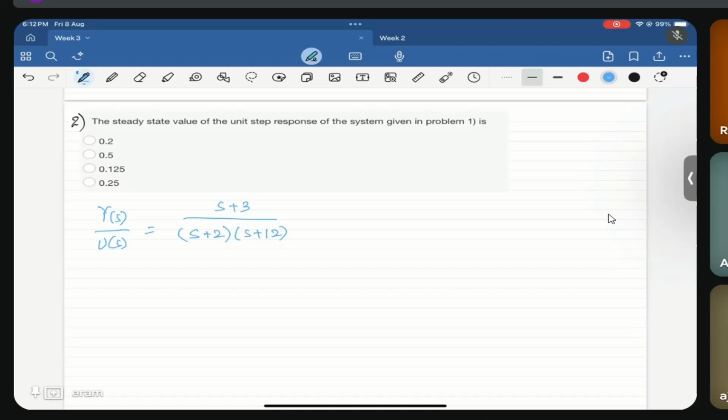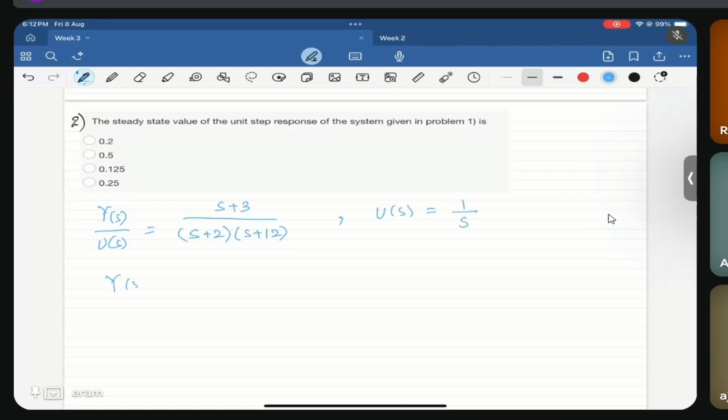So this type of question we have already done earlier. Can anyone calculate the steady state value? The input we have to give is a step input, so it is 1 by s.